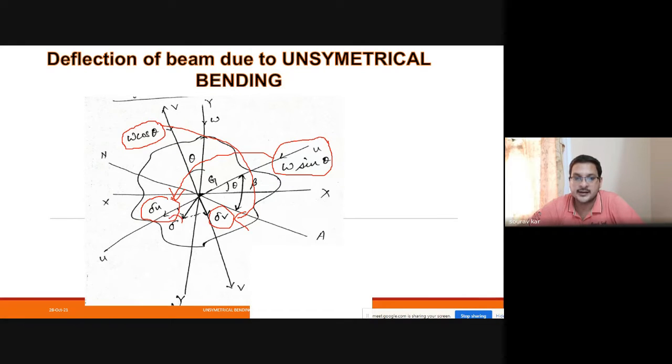We will take the resultant of these two, that is delta. So we have to know the formula of delta U and delta V, and we can find out the resultant deflection delta.